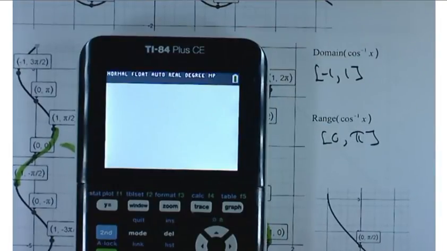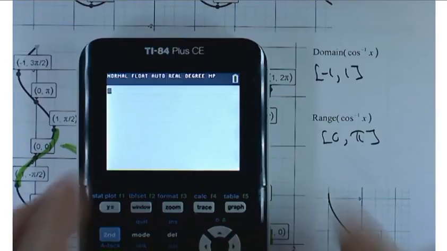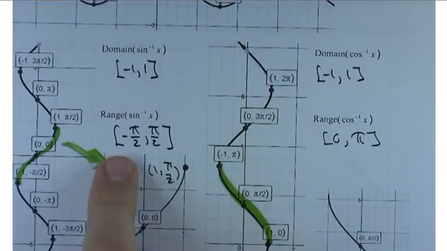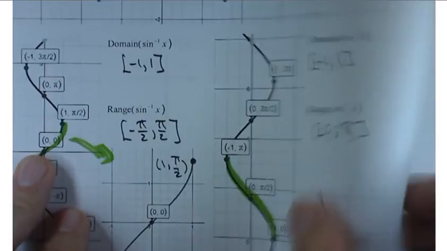The range for the inverse tangent is going to be mostly the same as that for the inverse sine. The only difference is that you're not going to include the endpoints. It's going to be negative pi over 2 to pi over 2. Let's play around with an inverse tangent problem.